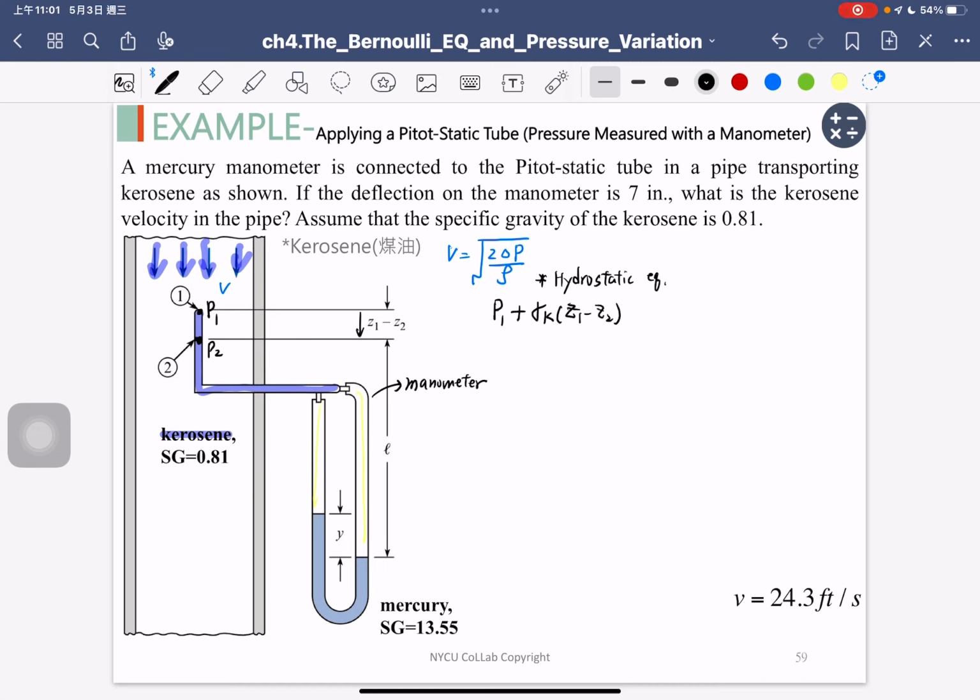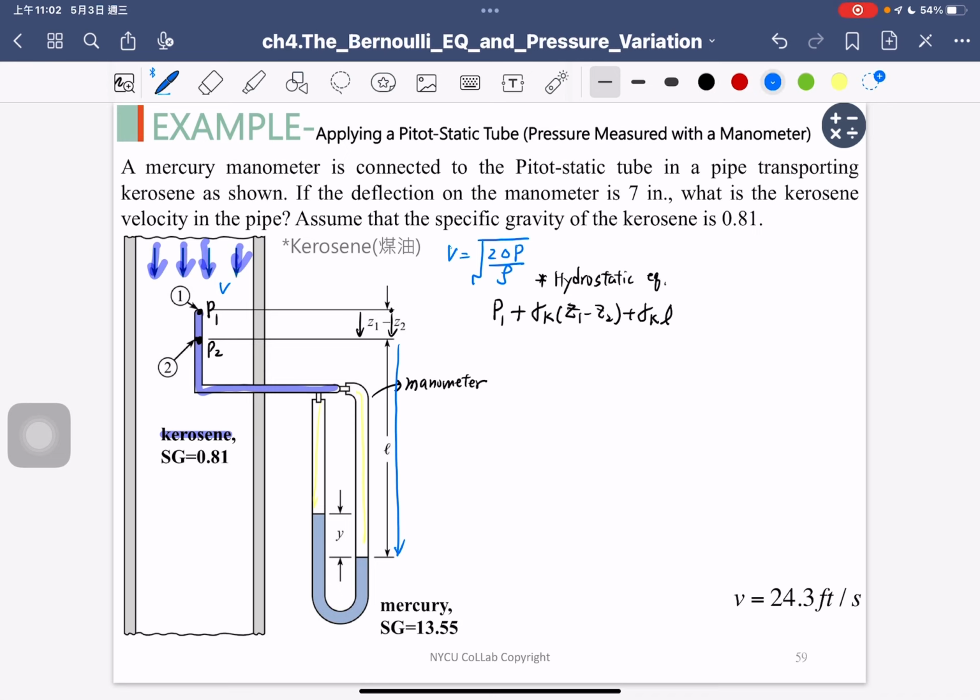Because the point starts from here and we are going down, and going down the pressure increases, right? So that's why I use the plus. And the material is the kerosene. I use gamma K to indicate the kerosene specific weight. And then I also go down by the length L, also in kerosene, so I use plus gamma K times L.